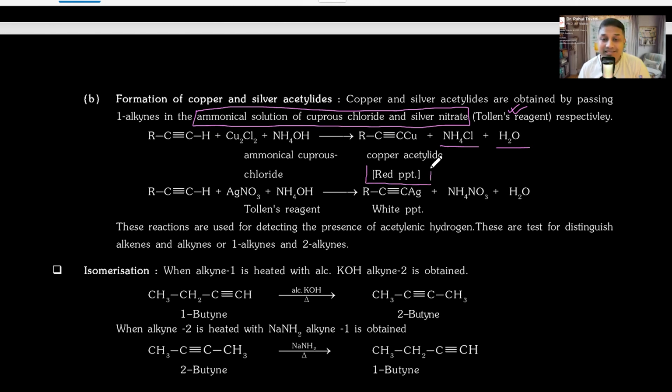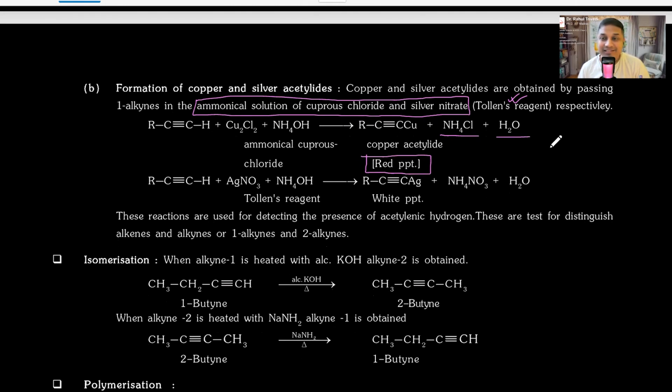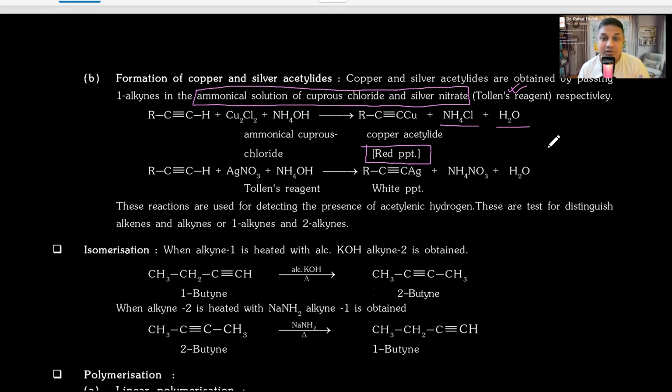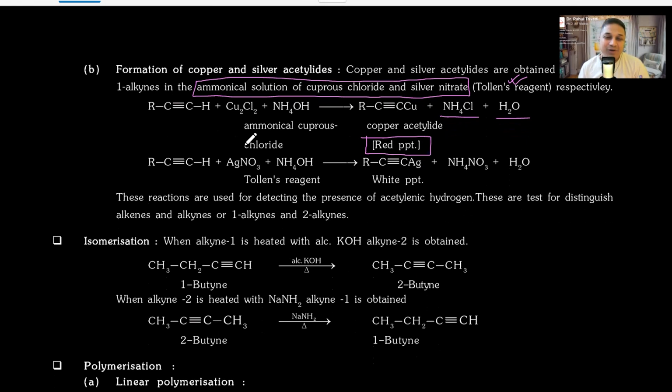So it's a kind of test for unsaturation. Nice. This is also a kind of test for unsaturation. Yes, alkanes will not undergo this reaction. Good. Okay. Tollens reagent combining with any of the alkynes, producing copper acetylide.